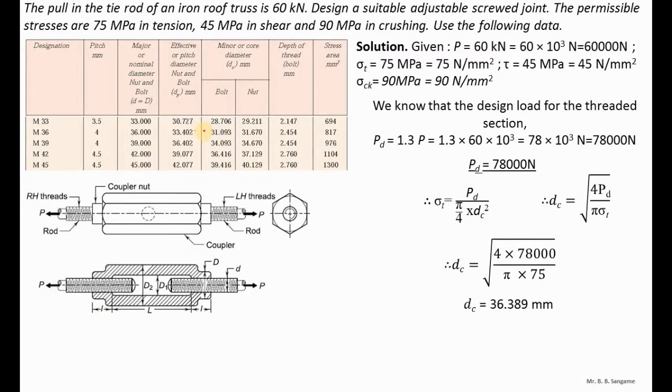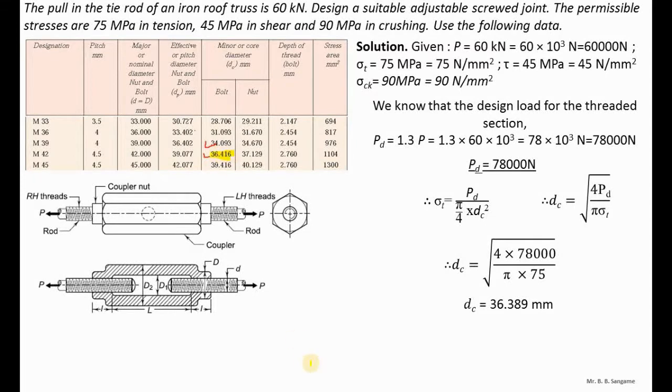We have to select from the core diameter column. One is less than 36.389, which is 34.093, and we have one more greater value of core diameter, 36.416. Okay, so we are going to prefer the larger one to keep the design safe. So let us select this 36.416 from the table.